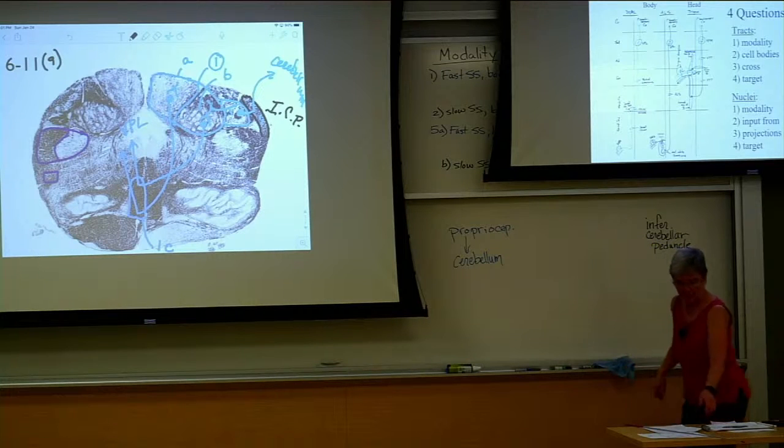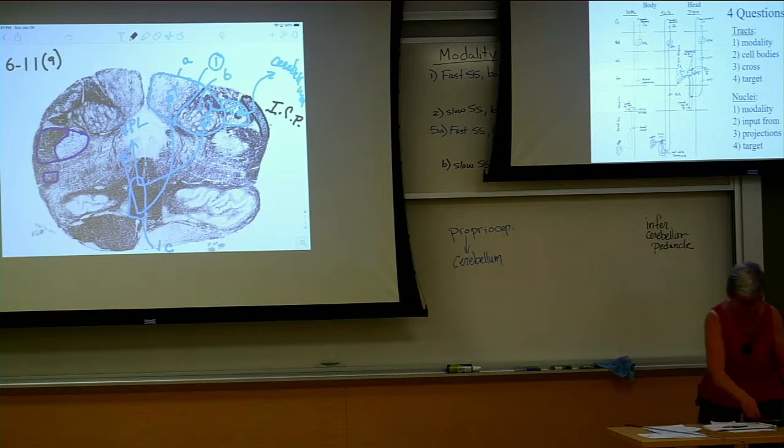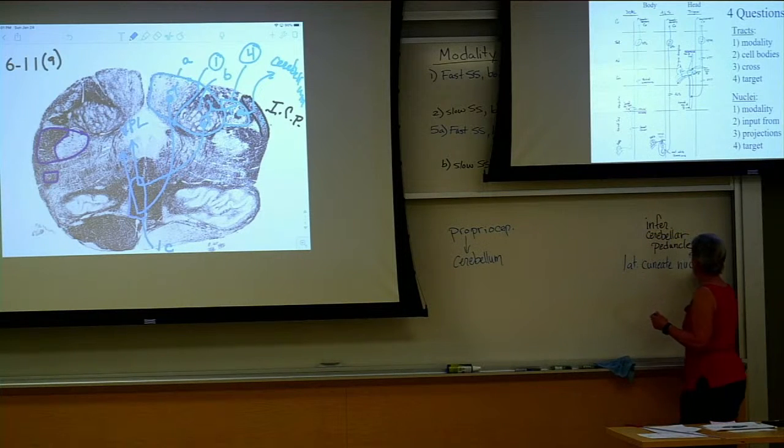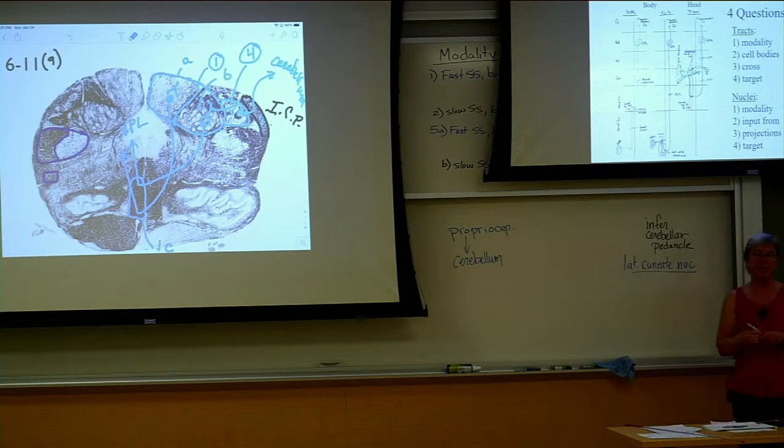And the nucleus here is our lateral cuneate nucleus. So the lateral cuneate is completely analogous to that dorsal nucleus of Clark, or nucleus dorsalis.